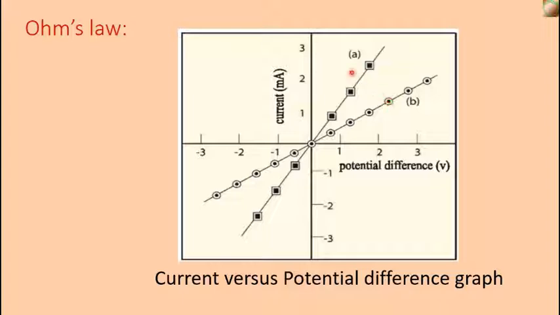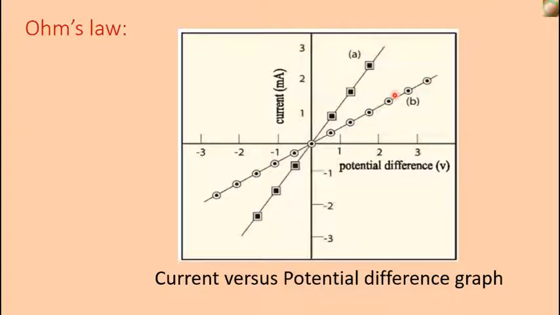There is a difference between the two graphs for conductor A and for conductor B. Here for the same potential difference, the current in the first conductor is more than the current in the second conductor, because the resistance of the first conductor is less than the resistance of the second conductor.